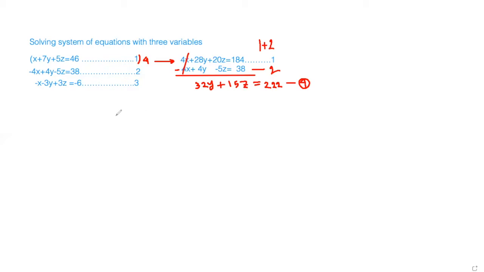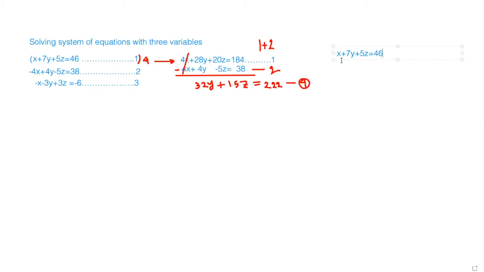So from equation number 1 and 3, if we add 1 and 3, then again we can get rid of the x. So let's write it down here again. Equation number 1 is x plus 7y plus 5z equal to 46.